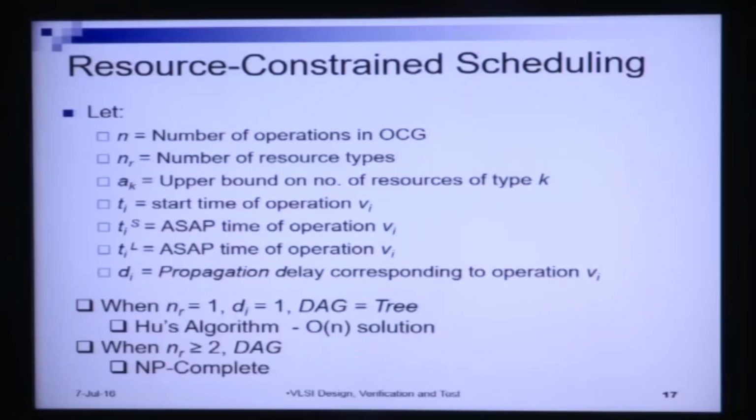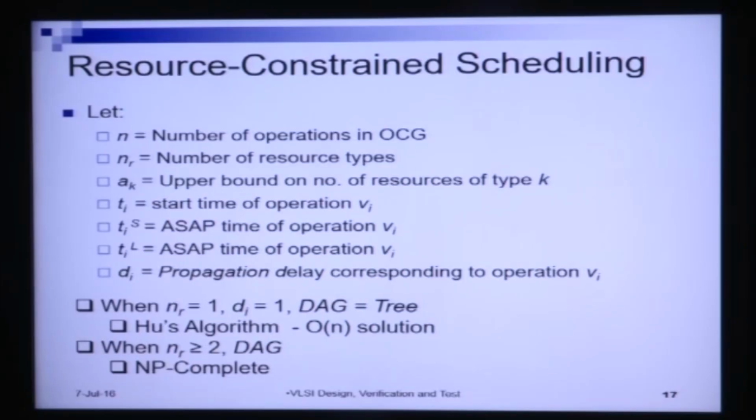Now, let us say we have 4 multiplier resources and 3 adders. So, A multiplier will be 4, because we have 4 multipliers, and A adder will be 3, because we have 3 adders, and Nr will be 2, because we have 2 types of resources, one is adder and one is multiplier.